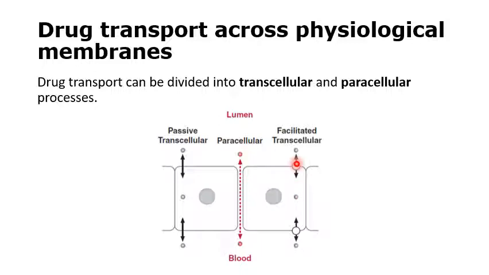And also this process is always specific to specific drugs, which means that the drug should be able to fit through this transporter protein to be passed through the cell membrane. For paracellular transport, the drug will pass in between the cells, in between the adjacent cells.